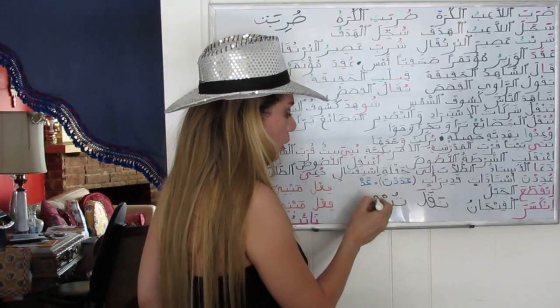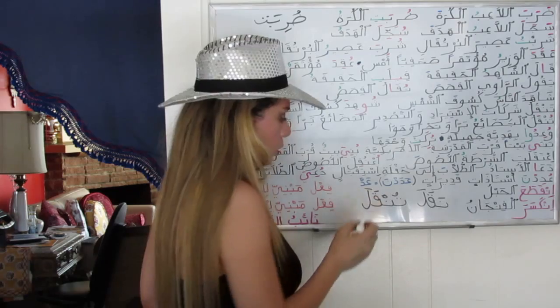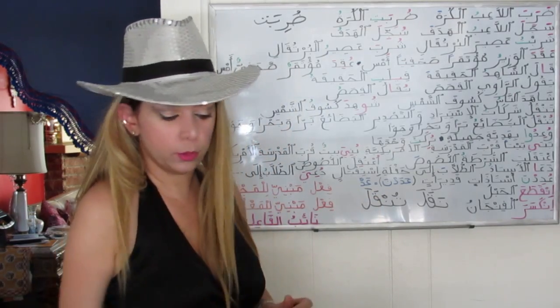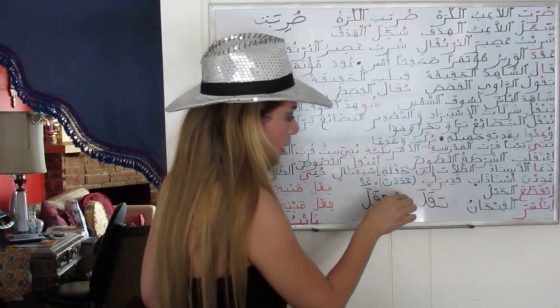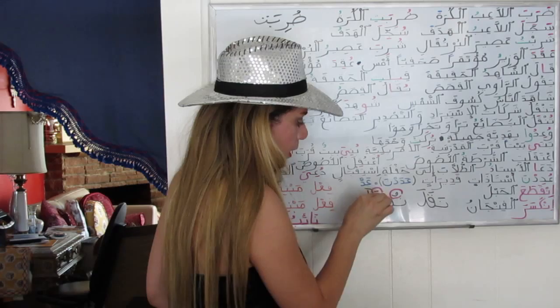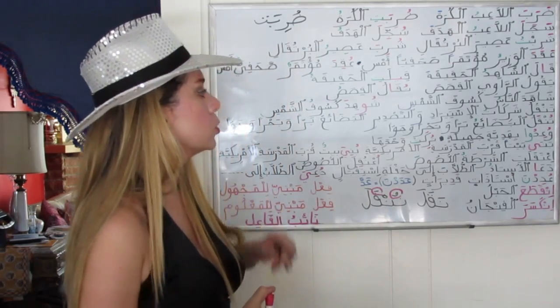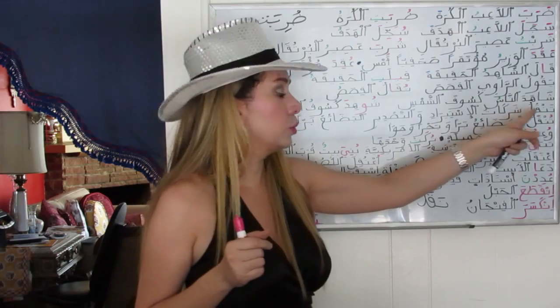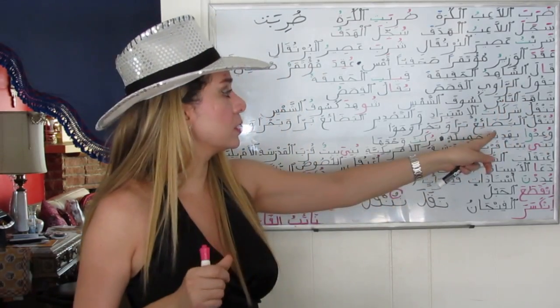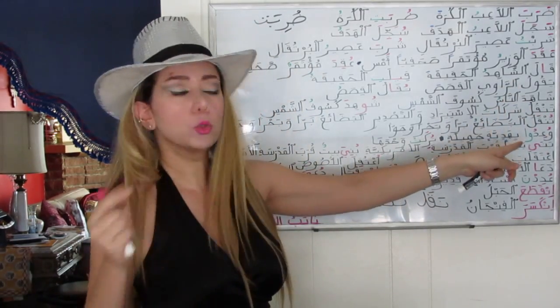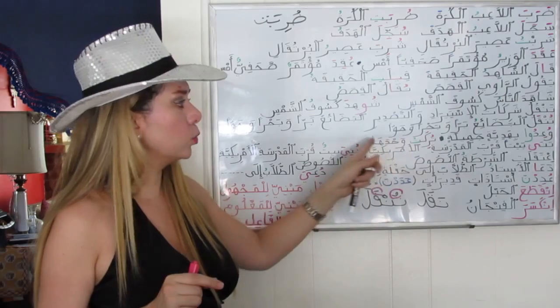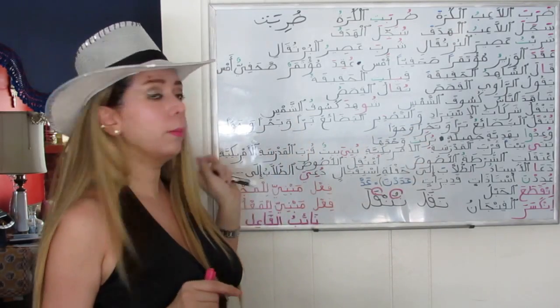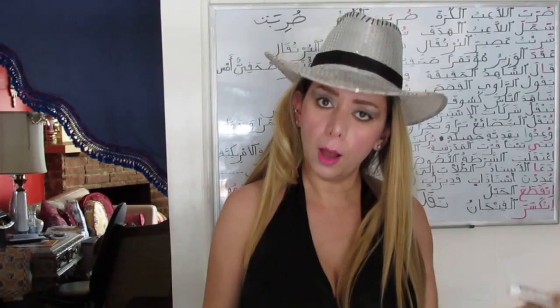Tunqalu. So these are important, this dhamma and this fatha. Al-bada'i'a was the object. Now it will be the subject. Al-bada'i'u. Tunqalu al-bada'i'u. And the rest we will keep as is. برا وبحرا وجوا. So the goods are transported.